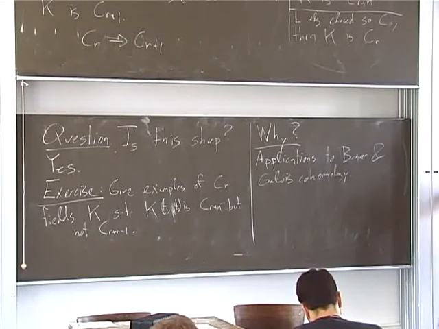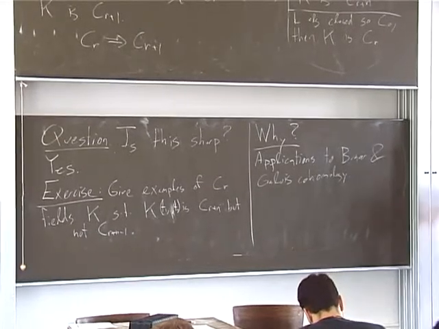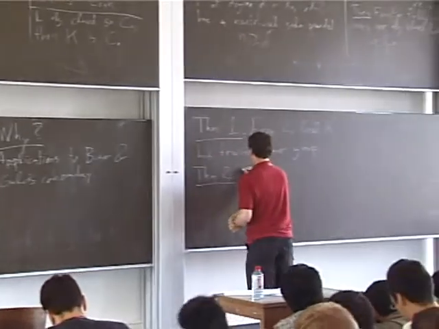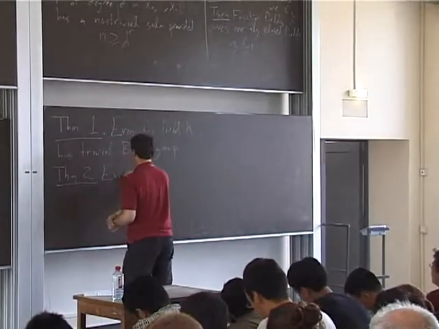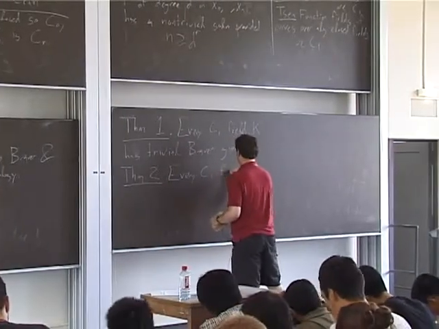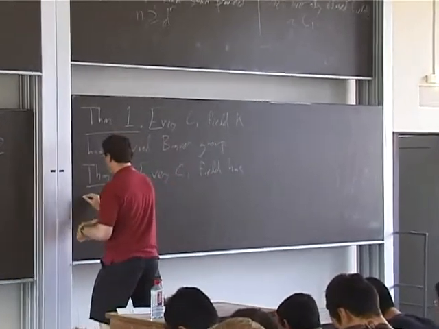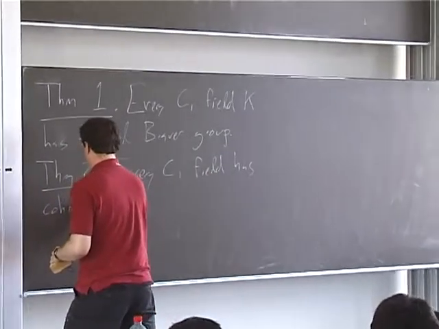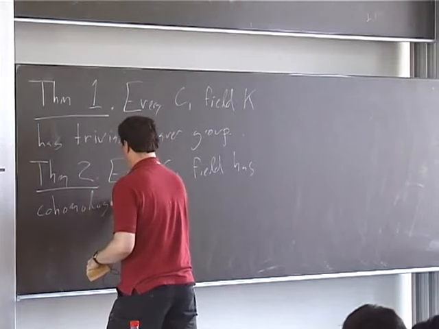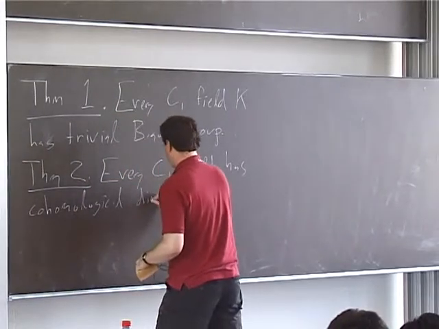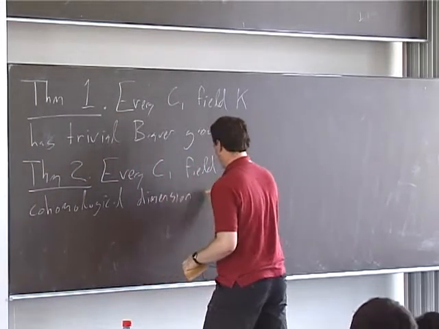And then theorem 2, which follows from this: every C1 field has Galois cohomological dimension less than or equal to 1.